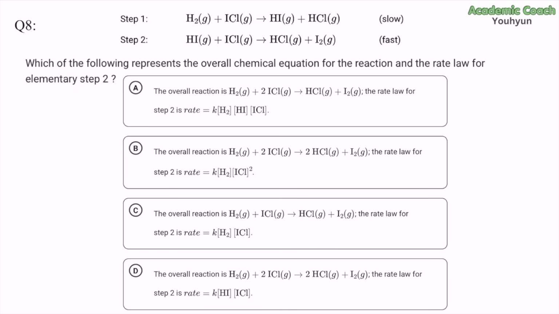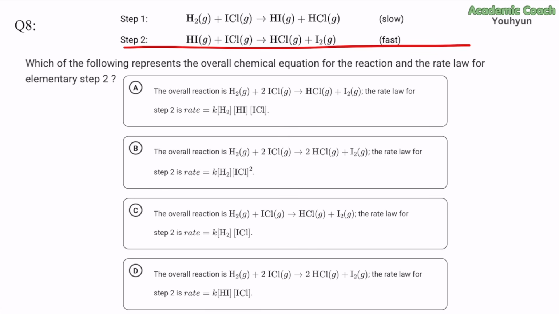Next, question number 8. Which of the following represents the overall chemical equation for the reaction and the rate law for elementary step 2? For the overall chemical equation, we only need to add up step 1 and step 2. Now I'm going to cancel out what I have in common in step 1 and step 2.